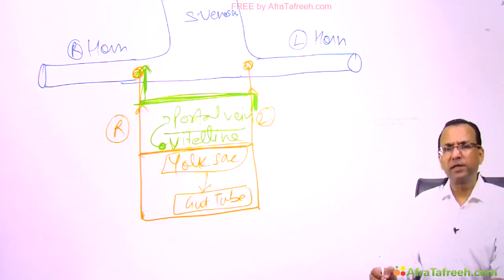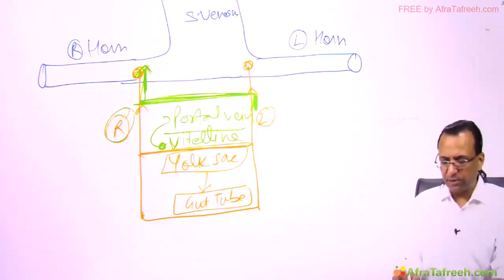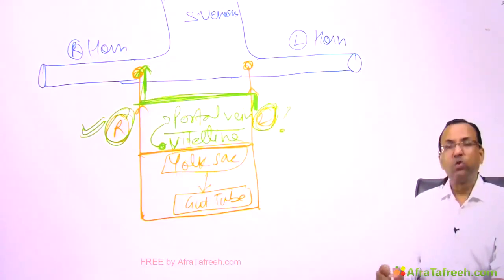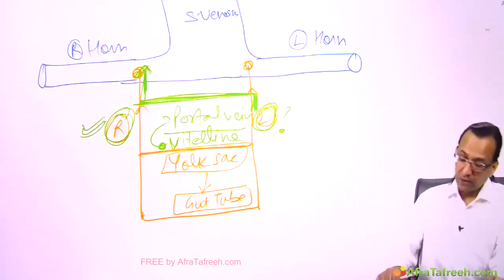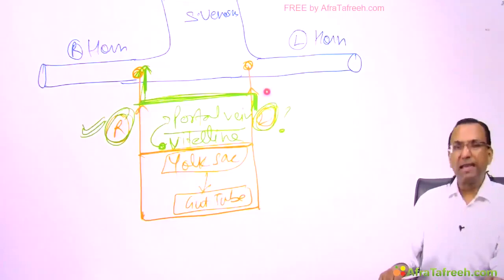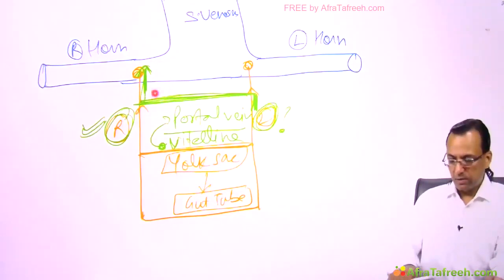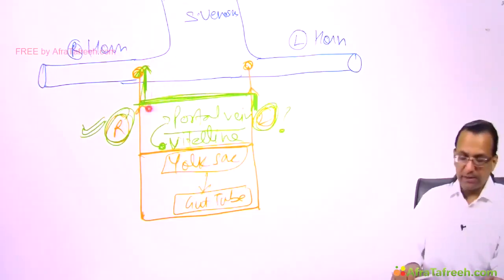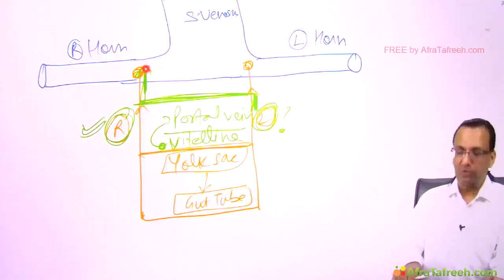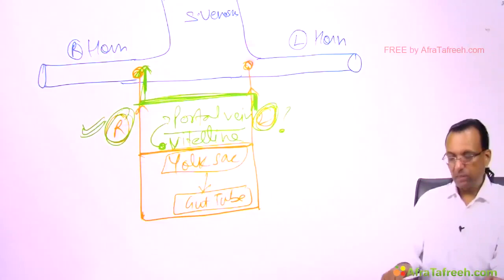The portal vein has a major contribution from the right-sided vitelline vein and a minor contribution from the left-sided vitelline vein. Yes, actually the portal vein is formed by a minor component of the left vitelline vein, an anastomosis between the left and right vitelline veins, and a greater contribution from the right-sided vitelline vein. What will happen to the rest of this or that? That regresses.